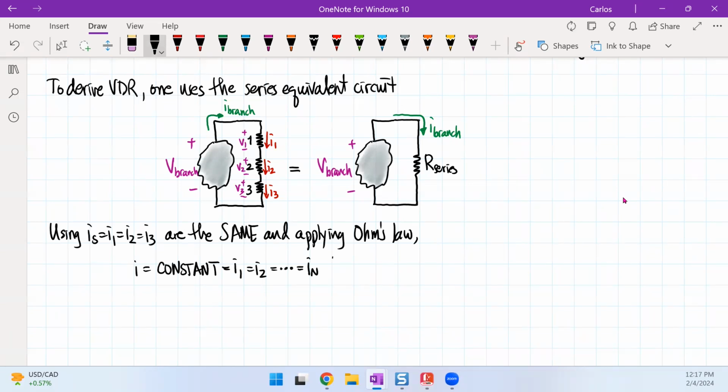But now, if I then use Ohm's law, what do we see here? By the way, I should have had I source right there. So what this tells me is that I have I source, which is the same as the voltage of the branch divided by R series, which must also equal In, which then means it has to be the voltage of the nth resistor divided by the resistance of the nth resistor.